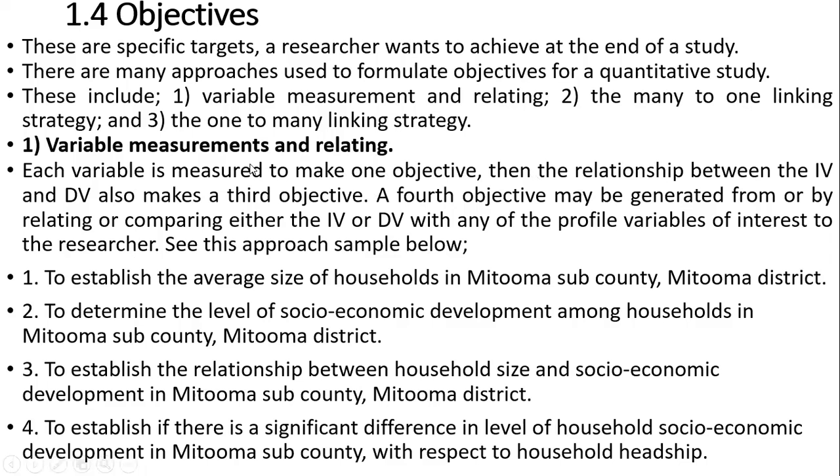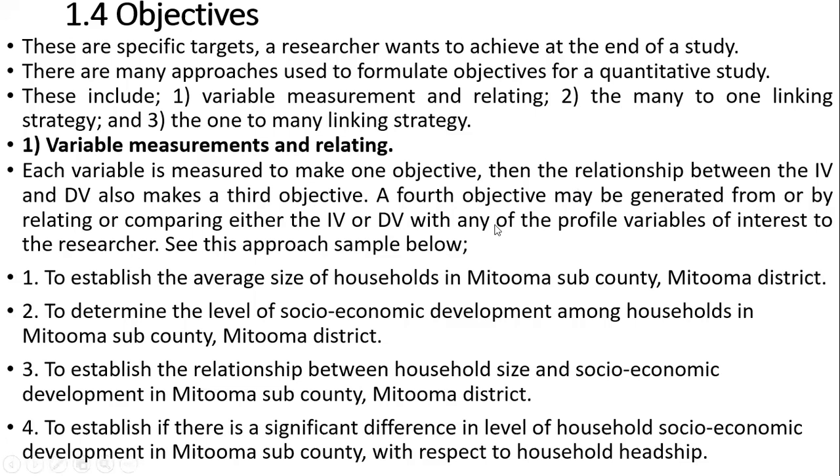For example, a study which has two variables or three, the first objective comes from measuring the first variable. The second objective comes from measuring the second variable. And the third objective comes from measuring the third variable if you have three.